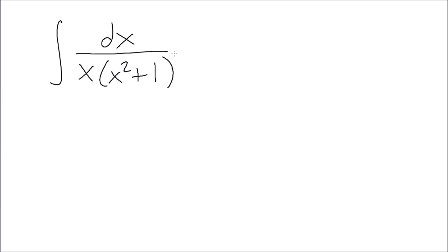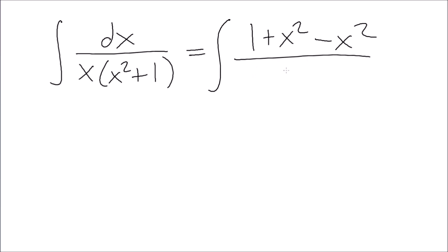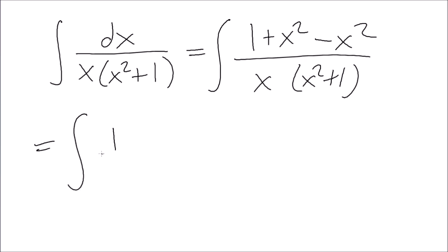Again, I love it when there's just an x by itself. Then I can do a zero substitution. Alright, we have 1 in the numerator. So I'm going to add plus x squared minus x squared so that the x squared plus 1 gets cancelled out, and the x gets cancelled out. So, okay, cool, no problem. This will be 1 over x minus x squared.